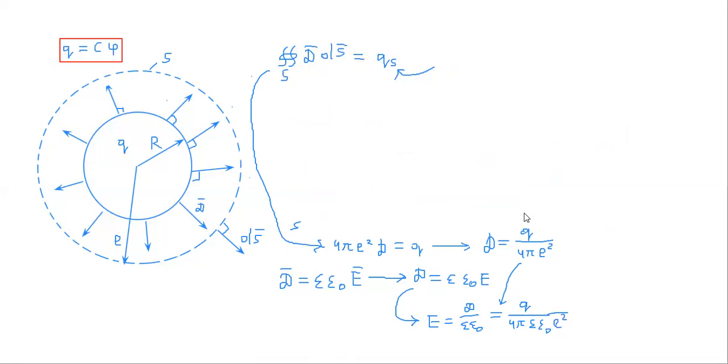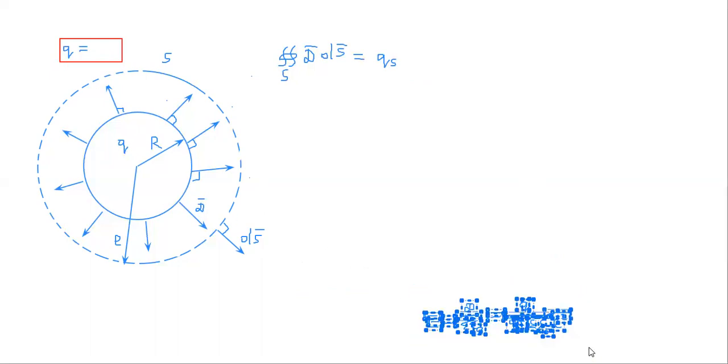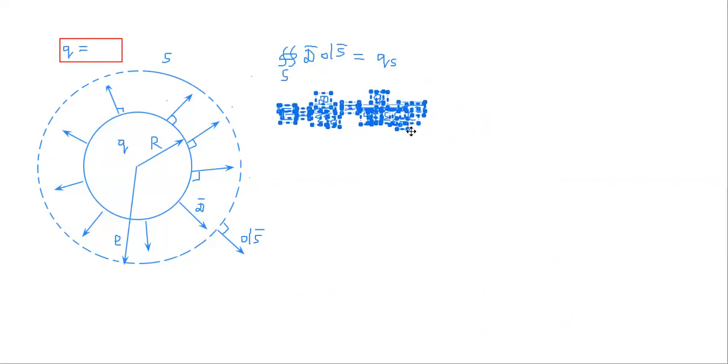As you can see from the last formula, the electrostatic field of a charged ball is the same as the electrostatic field for a point charge.